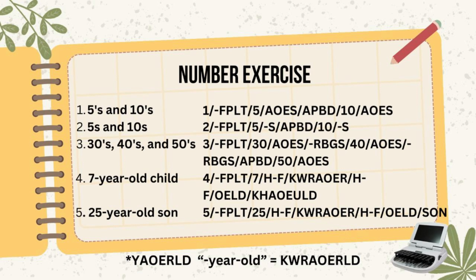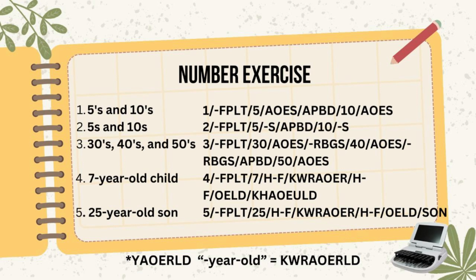For example, we have number one, fives and tens with apostrophe. So the number one and then period is included, and then five, long E final S, and vowel A, final PBD for and, then 10, and then long E final S.